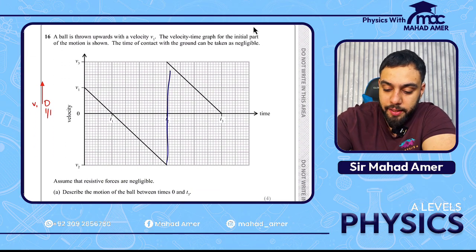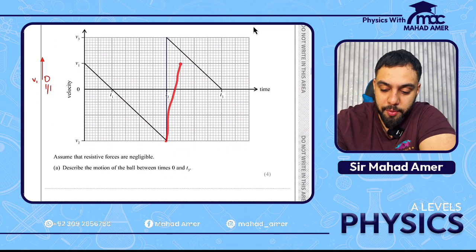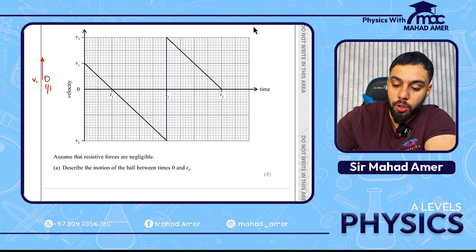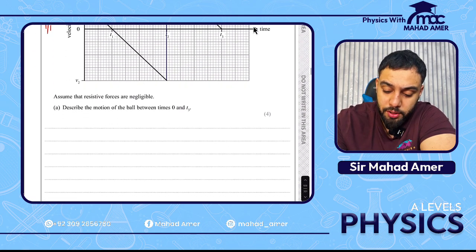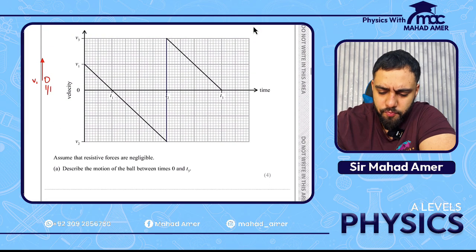That's what they have given. It would have been like this if there had been any time while the ball was in contact with the ground. Assume that the resistive forces are negligible. Describe the motion of the ball from time 0 to time t3.